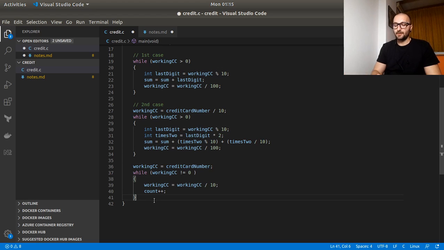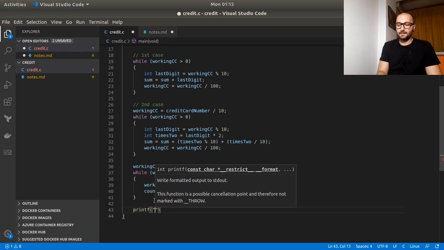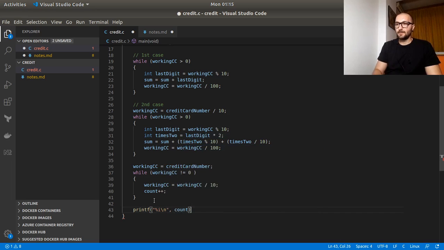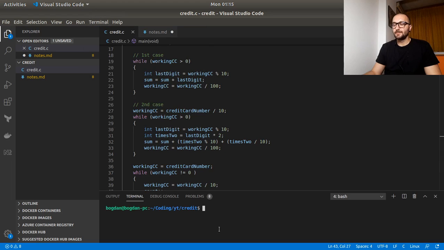We can actually even test that out really quick. So printf, this is an int, and count. Okie doke. So let's spawn a terminal. Here I use the GCC compiler, and we have credit. I'm gonna output it to a file named credit.